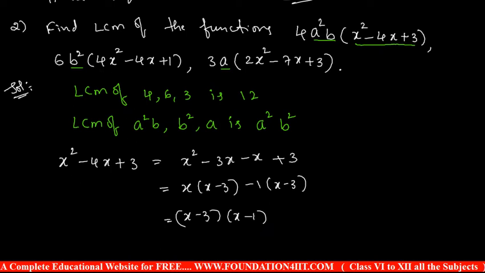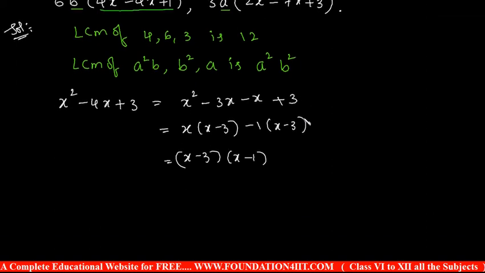Then the next one is 4x square minus 4x plus 1. I am not doing the factorization, just writing the answer because I already did it: 2x minus 1 whole square.